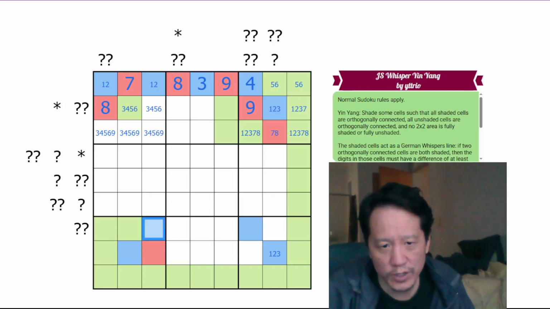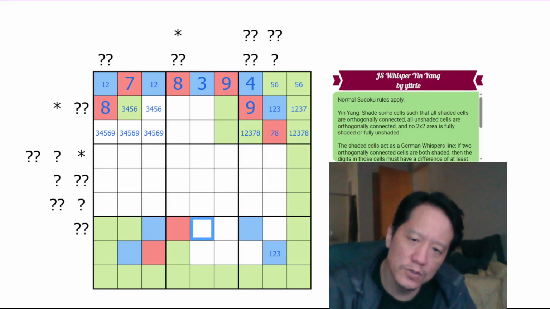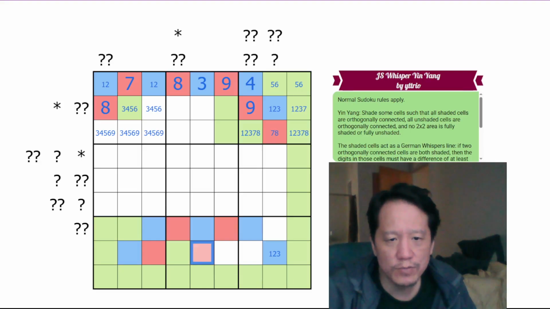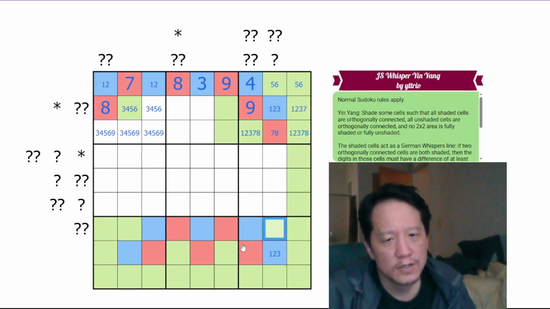Let's say then we went up here. Then that's blue, red, that's green. Blue, red. This would be red, green, red. So that would force this not to be shading. So that also works.